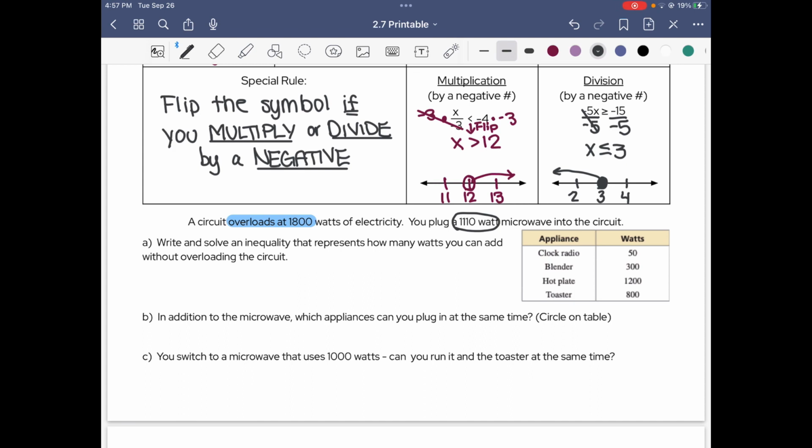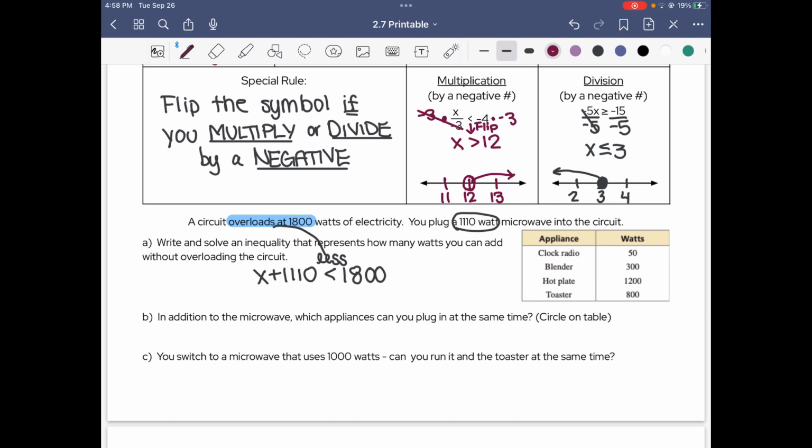So x is how much you're adding to the 1110 watt circuit, 1110, and we have to stay less than 1800. Because if we equal 1800, that's when it overloads and you have to go flip the breaker because the electricity's out now.